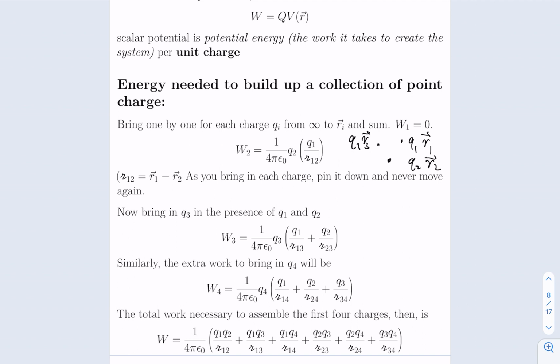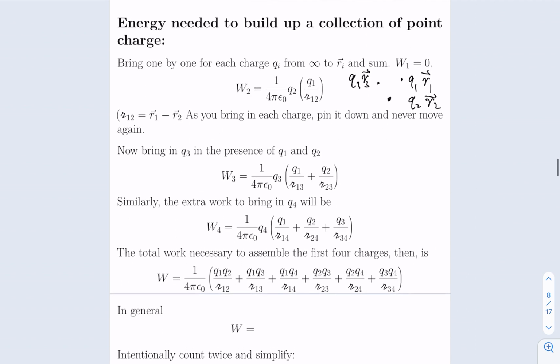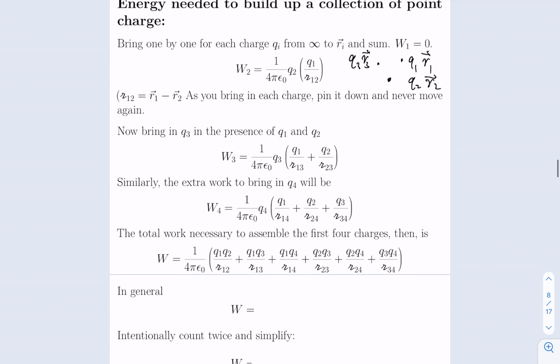But you can actually make some observation. So in general, this expression can be written down as a double sum. Whenever we are bringing the ith charge, which is Qi, we need to take into account all these previous charges, right?